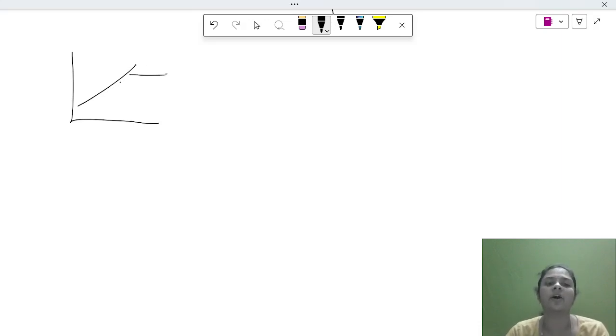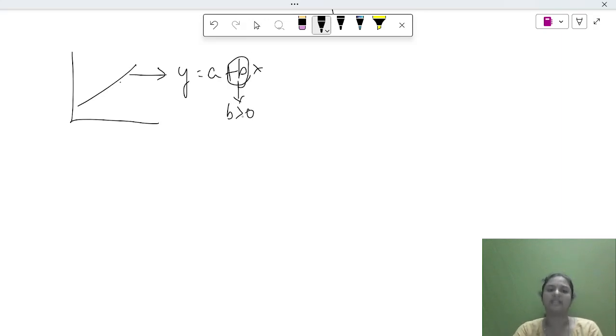And this linear correlation will follow the equation y is equal to a plus bx, where this b is positive, that is greater than 0. So in the exam, if they give you an equation y is equal to a plus bx and ask you to find the correlation coefficient, if the b value is positive, directly you can write r is equal to +1.